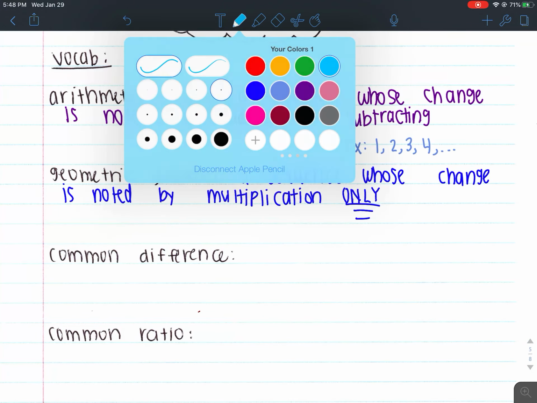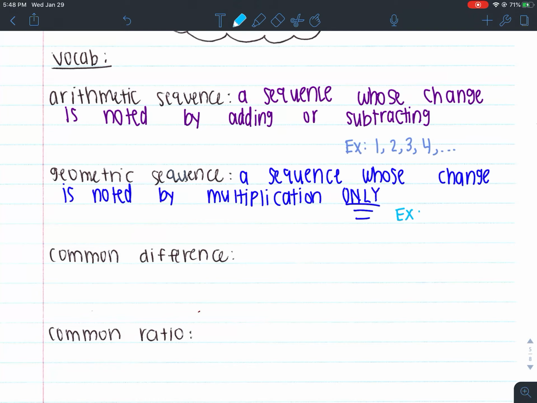What I mean by this is if you see that it's dividing by something, you want to flip your mind back to, hey, it's only multiplication. An example of this would be 3, 6, 12, 24. Well, how are you going from term to term? You're multiplying by 2. So this would be a geometric sequence, not an arithmetic, because you're multiplying something.